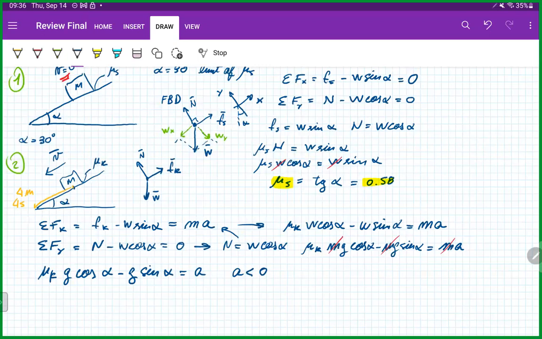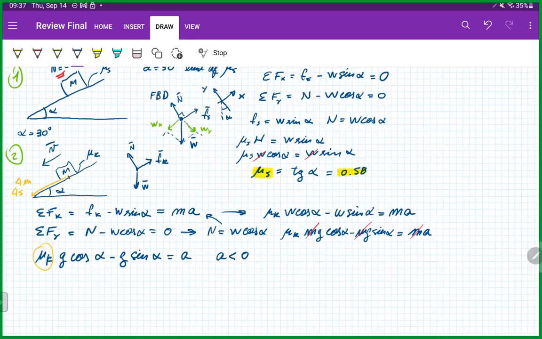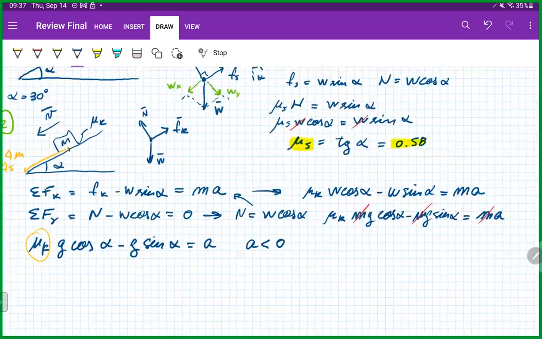All right, so we have the acceleration, but we need to get the kinetic coefficient. What we can do is take what the problem is saying, that this thing is traveling 4 meters in 4 seconds. If we establish this problem as straight line motion with constant acceleration, which we have calculated right here, then we can apply those equations, right?